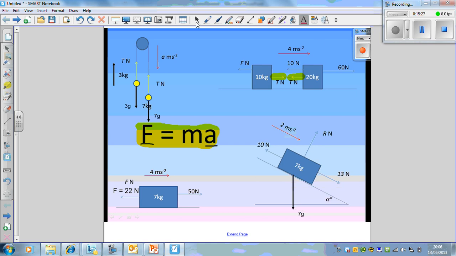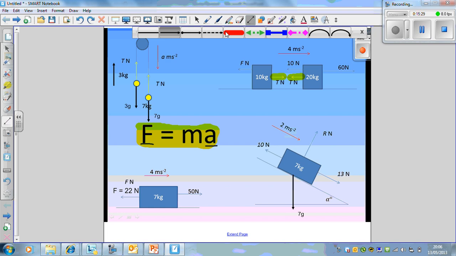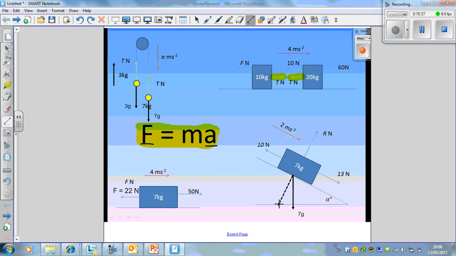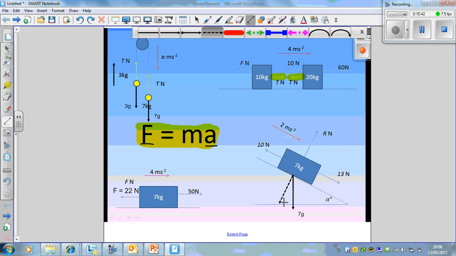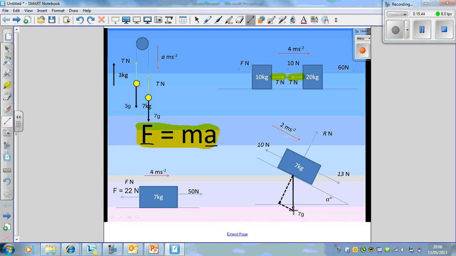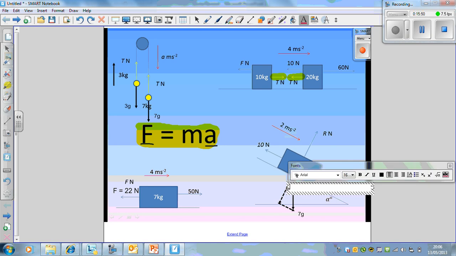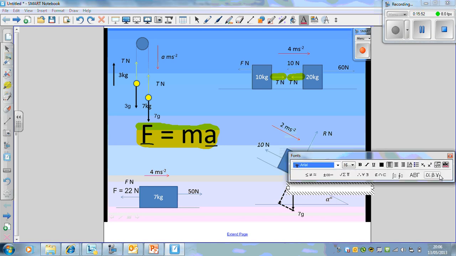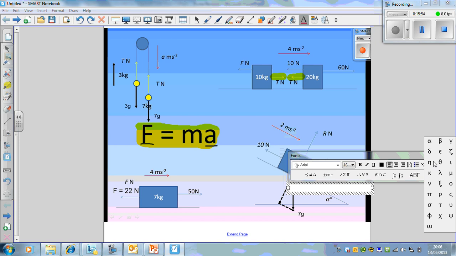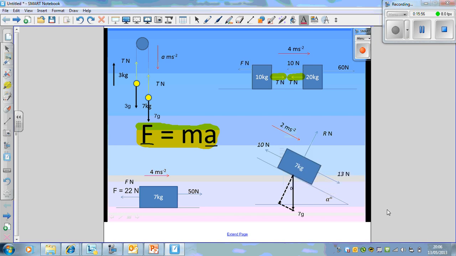Now we need to split this vector into components parallel to the slope and perpendicular to the slope. So first of all, this one's perpendicular, and here we have it parallel. Now we know that that angle via parallel line theory is going to be equal to alpha. Now I'm not too sure we're going to have an alpha. Yes, we do. Lovely old job.